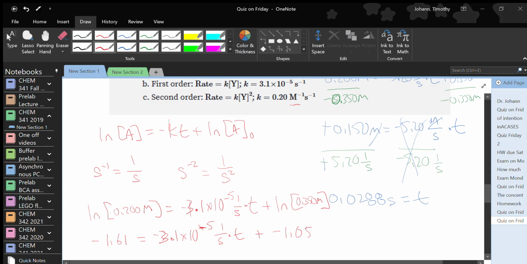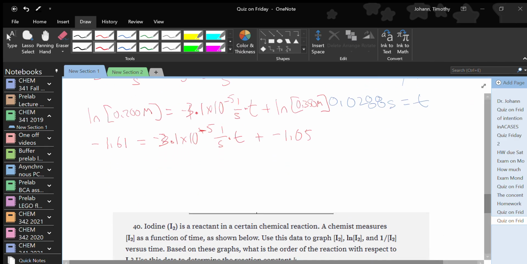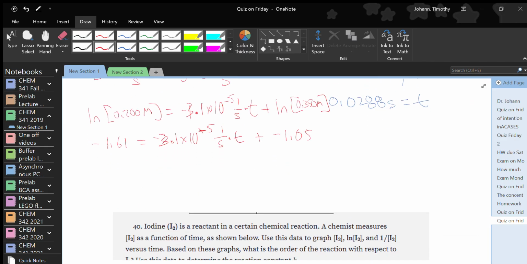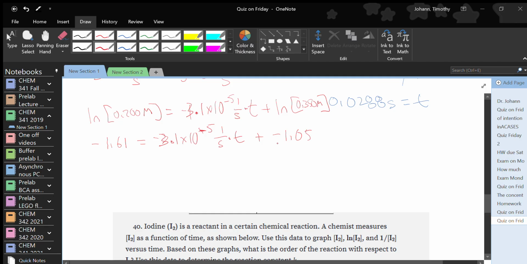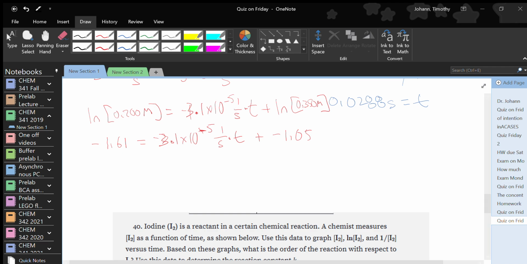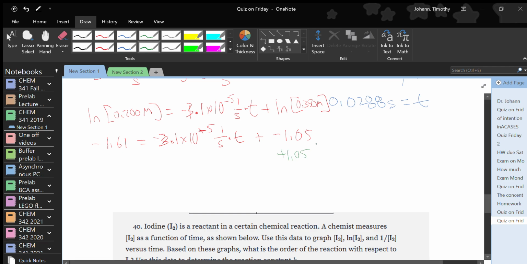Now that they're regular numbers, I'm going to add 1.05 to each side. This side ends up being negative 0.56, I think. Correct me if I made a mistake there.